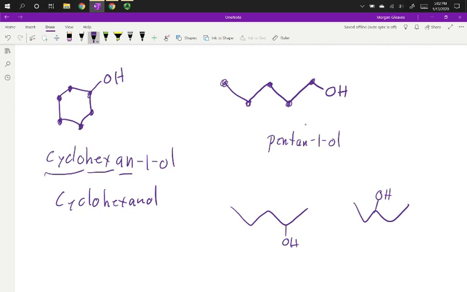That number is required in this case. In the ring, since you always get to pick what's carbon 1, no matter where you drew the alcohol, that would have been carbon 1. It makes a difference over here on the straight chain though. We have a pentan-2-ol, or a 2-pentanol, and we have a pentan-3-ol, or a 3-pentanol.